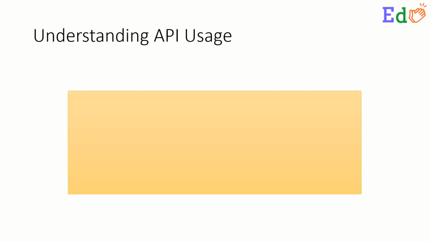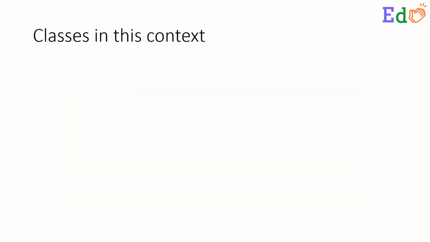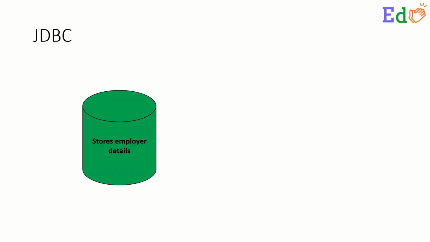Now, let's understand the API usage. Suppose we have a website where an employer can post job openings and a candidate can post resumes. Classes in this particular context will be the employer class, job class, and candidate class. Now, JDBC comes into the picture in this context.